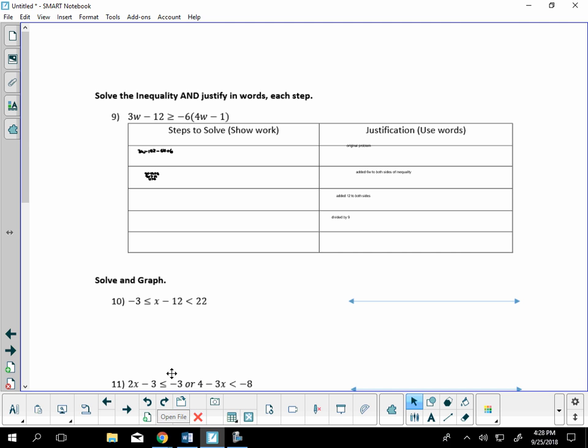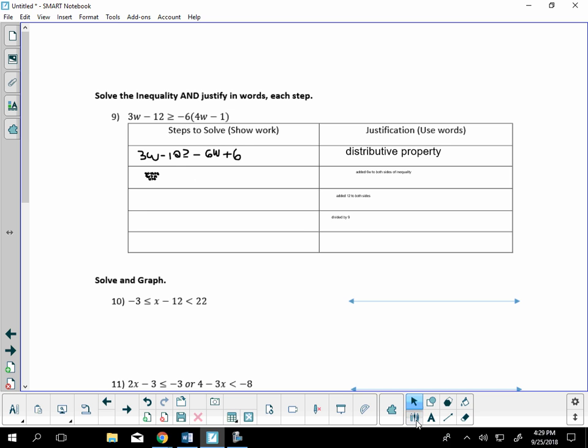All right, here we're going to be solving a problem. So we're going to start with the original problem. Actually, I used the distributive property. So I guess I probably should have changed that to distributive. I did not write the original problem down, and I probably should have.